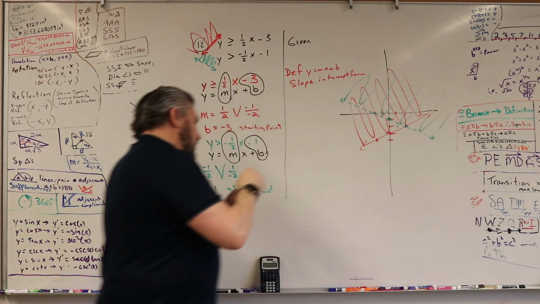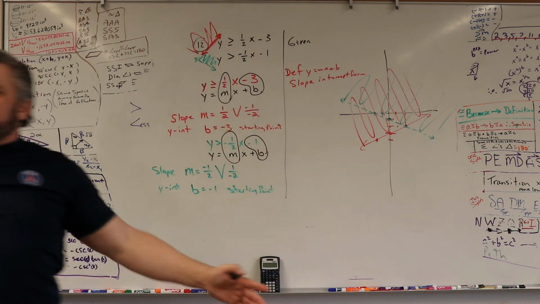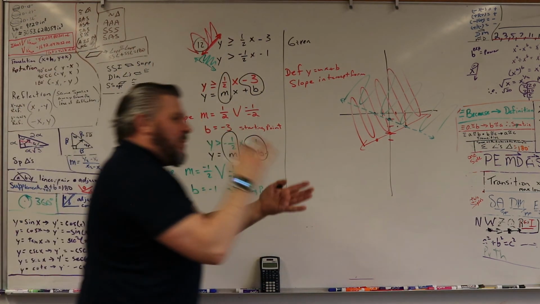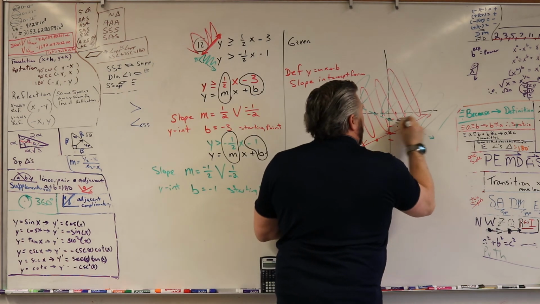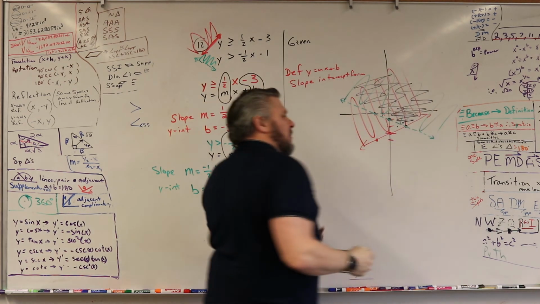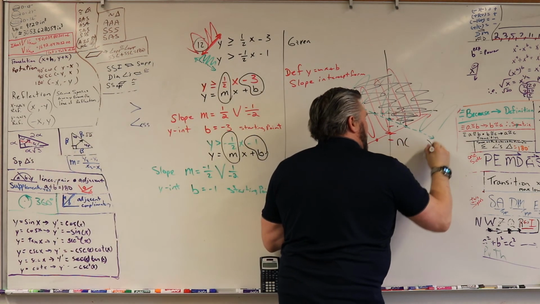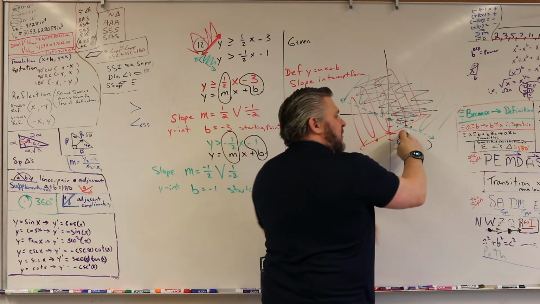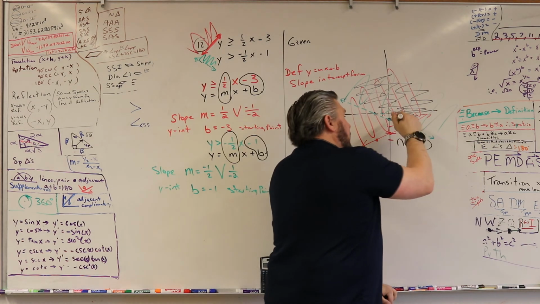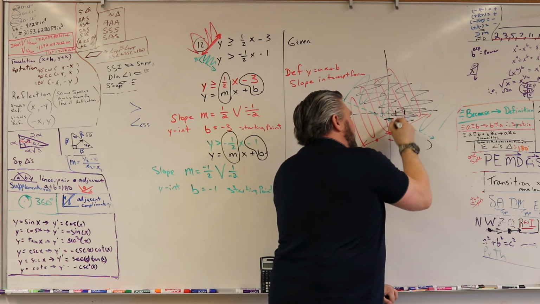So what is the part that has all the answers? All the answers are correct for both equations, and it's right here, all of this. What is the intersection? What is this point? We went over 1, 2, and we went down 1, 2.